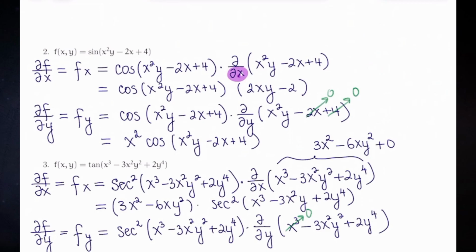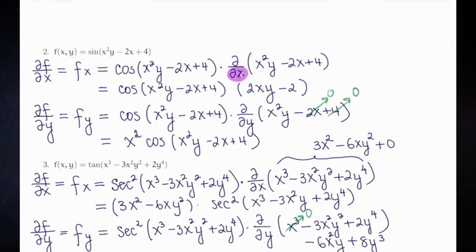So if we do this, this is going to be negative 6x squared y. The power rule, we're differentiating with respect to y, x is a constant. And then over here, this is 8y cubed.